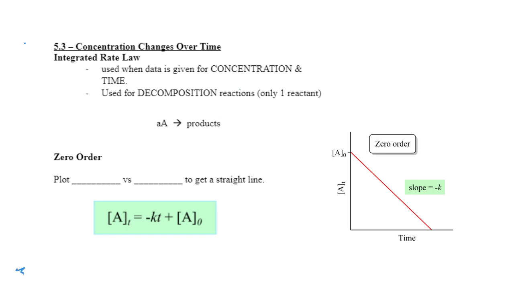Okay, so if you remember in our differential rate law section of notes, we were given a data table. It had concentrations and it had rate information. With the integrated rate law, we're going to be given a different chart of data. So we'll be given concentration values and how that concentration changes over time.